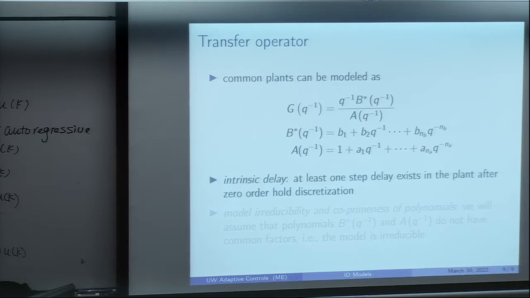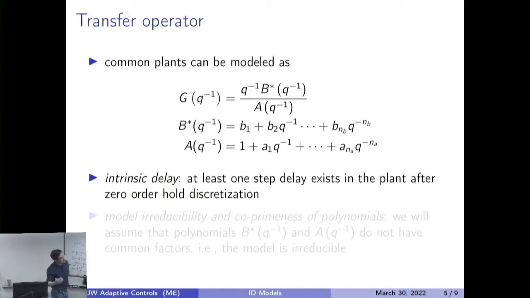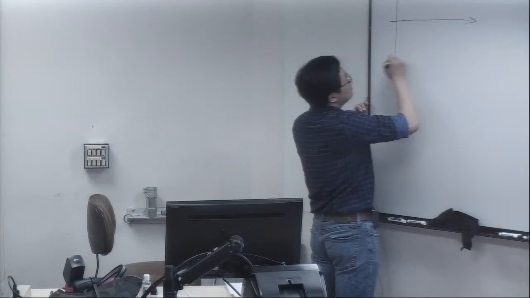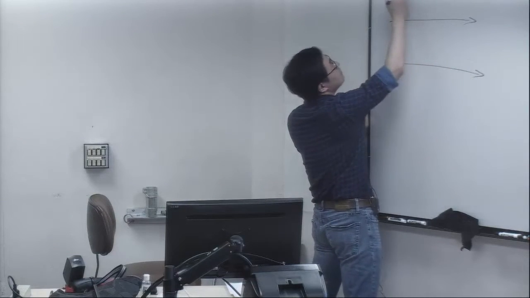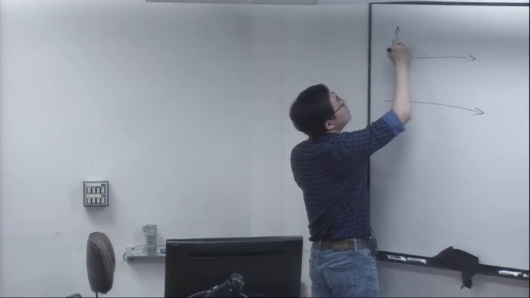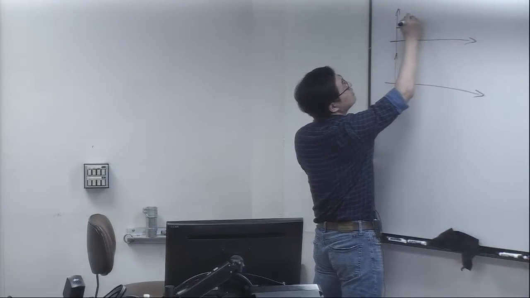So that means the plant has at least one step of delay intrinsically. And that is actually not difficult to understand. If we think about in practice how systems are controlled, normally we have the zero order hold.